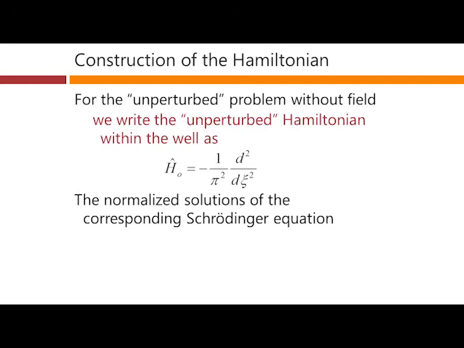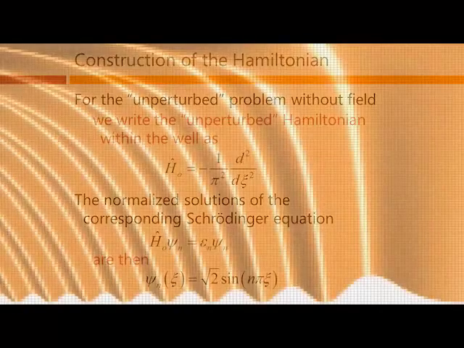And we know the solutions to this problem, and writing them in this normalized form, we would have our corresponding Schrödinger equation with the unperturbed energies written as epsilon n, and then the wave functions of this unperturbed problem in these dimensionless units would simply be psi n of xc equals root 2 times sine of n pi xc. So just a dimensionless form of the usual solutions of the infinitely deep well problem.